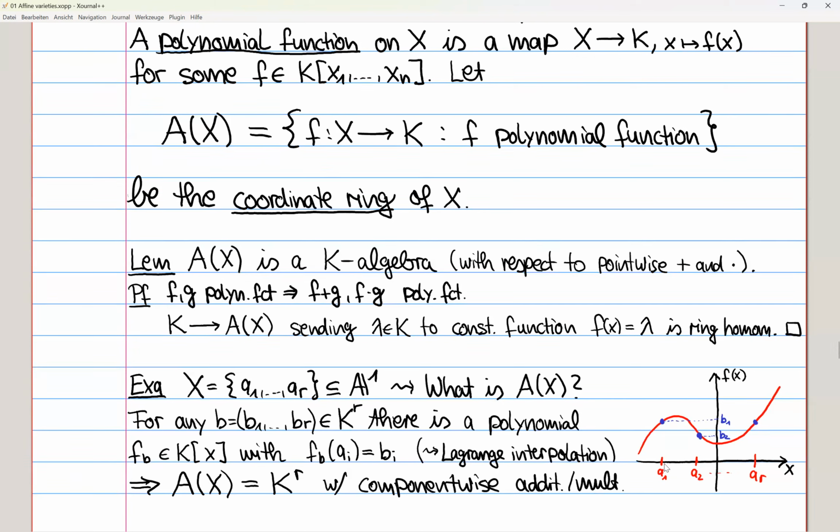So here's the picture. Somehow you have a_1 up to a_r on the x coordinate, and then you ask what the functions on this finite set are which are allowed.